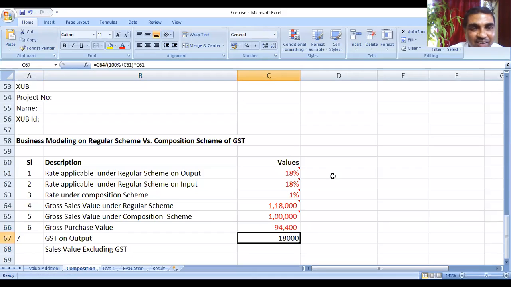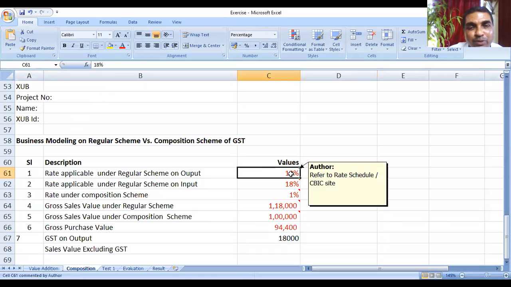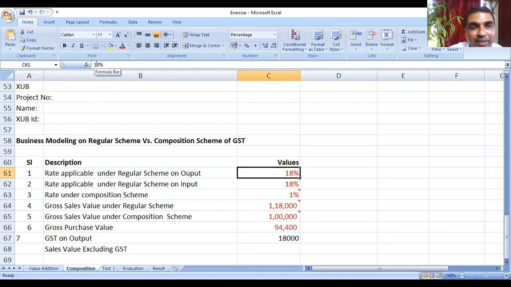You see the formula: C64 divided by 118% into 18%. Why am I linking with the cell? Suppose you want not 18% but 28%. Then automatically it should change. Now it is 25,000.